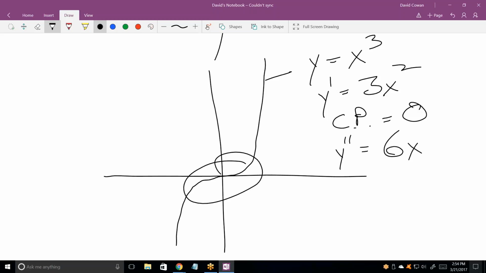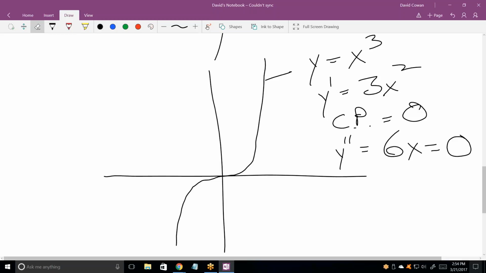Which gives you 6x. What is the second derivative when x equals 0? Is it positive or negative? It's 0. It's neither positive nor negative. And what that means is the second derivative test is inconclusive. It does not tell you whether you're looking at a maximum or a minimum.